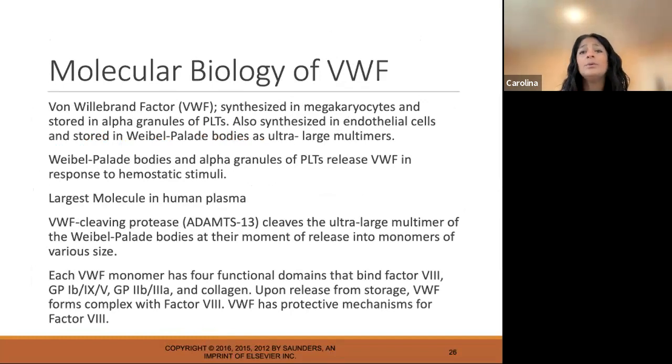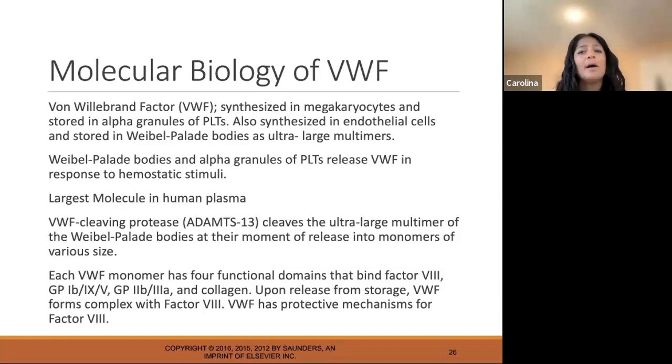Okay, we've gotten to know von Willebrand factor pretty well, I think, right? We know it is a multimeric glycoprotein. It's a large protein with a molecular mass of about 500,000 to 20 million daltons. That's crazy, okay?